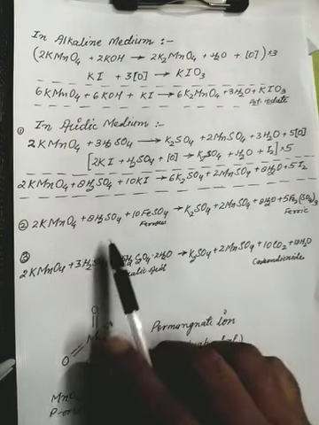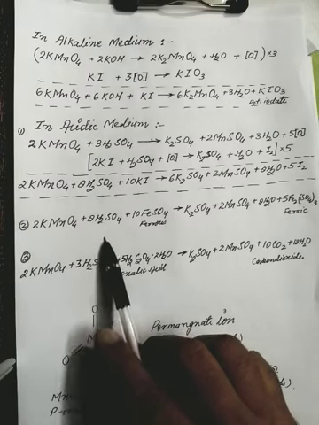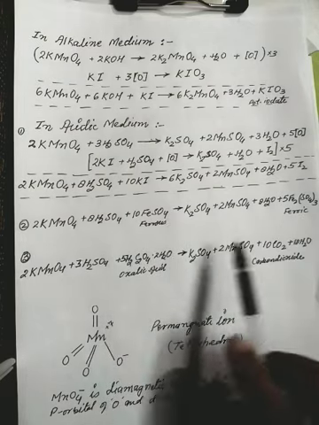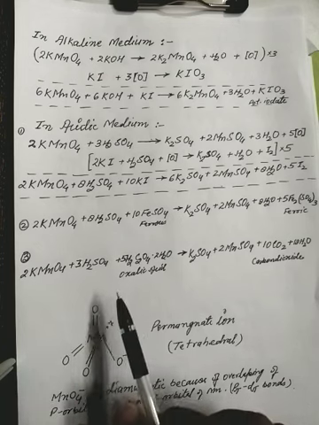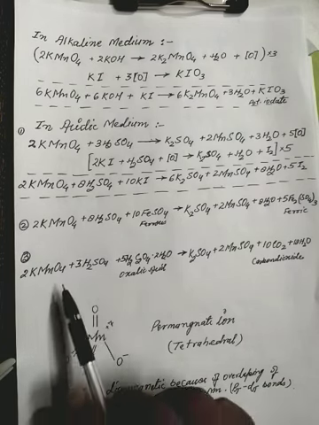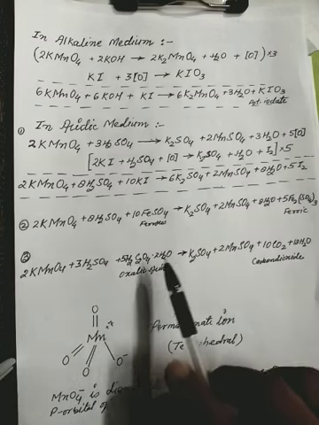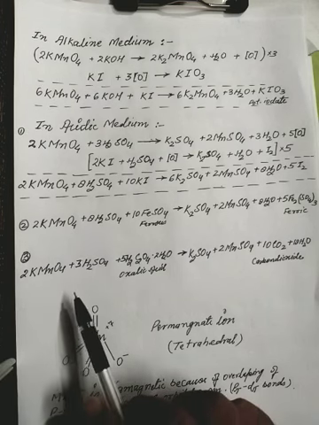In this reaction, KMnO4 in acidic medium oxidizes ferrous sulfate into ferric sulfate. This is a balanced chemical equation you can use. Now the third equation is used in titration, and this is very important. In titration, we titrate oxalic acid with potassium permanganate in acidic medium.